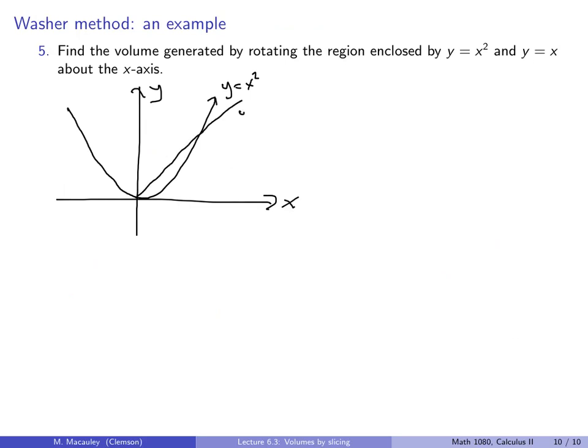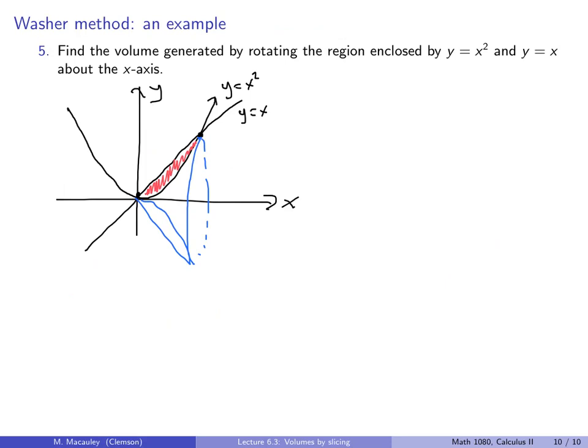Okay, so this is y equals x, and these things intersect. So these things intersect in this region right here, and this is what we want to rotate about the x-axis. I don't even know if I should try to do this. And so you can sort of see that this is going to look like that.